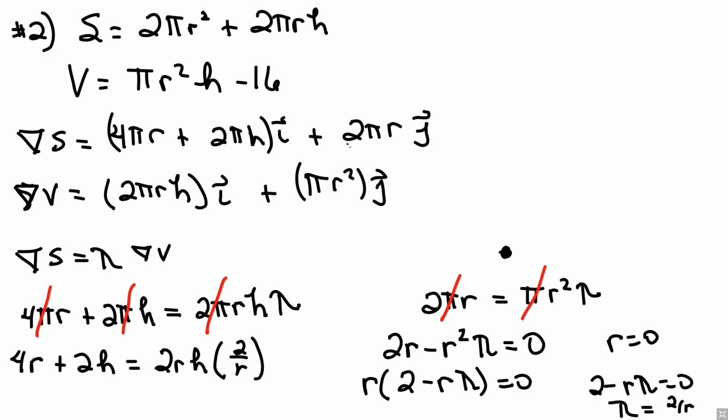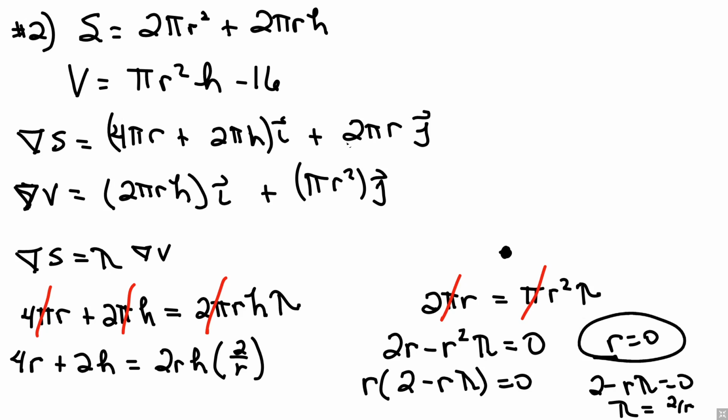I don't want r to be 0, because if I plug in 0 for r, I'm going to end up with h is 0. If that's the case, then we don't have a cylinder, so that situation is going to be thrown out.